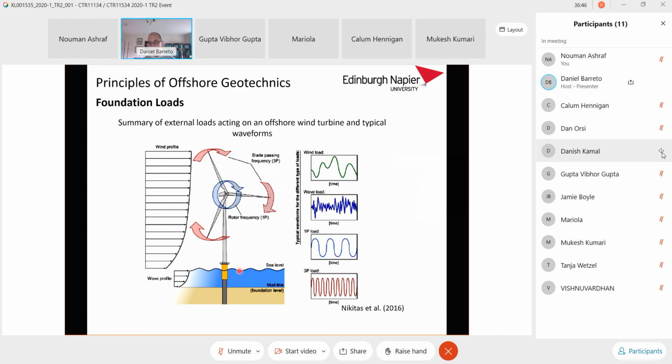And as you can imagine, this is a relatively complicated soil structure interaction problem, in which the key aspect that you have to verify with regards to these two mechanical frequencies, let's call them like that, is that those frequencies must not coincide with the natural frequency of the foundation soil, because of course your system will start to resonate and collapse structurally speaking, and that's something that you need to avoid.